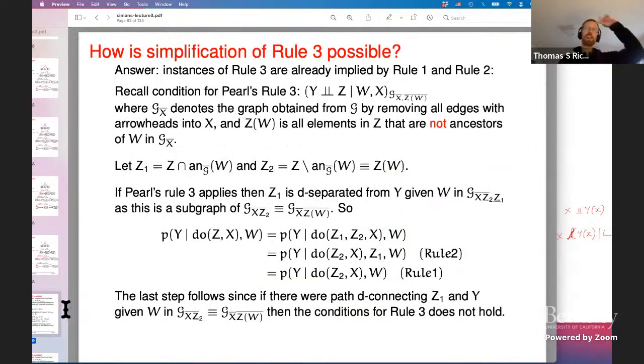Okay, so this slide is in here in case there are people who went through the derivation and carefully memorized it on Tuesday, and are thinking to themselves, how could it be that we can simplify this?